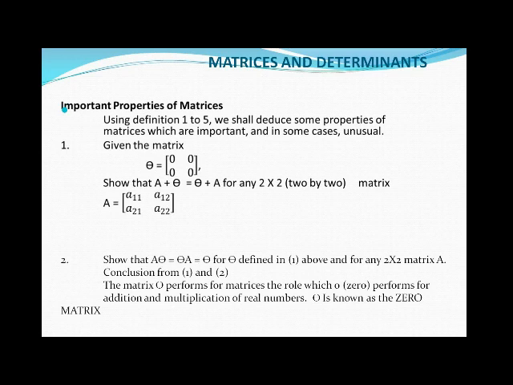Property number 2. Show that A multiplied by theta is equal to theta multiplied by A, and is equal to theta, for a defined matrix in 1 above and for any 2 by 2 matrix A. The conclusion that we can derive from 1 and 2 is that the matrix theta performs the same role as 0, and addition and multiplication have the same commutativity.